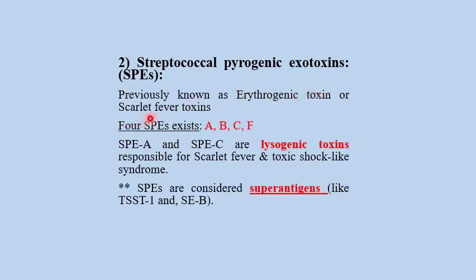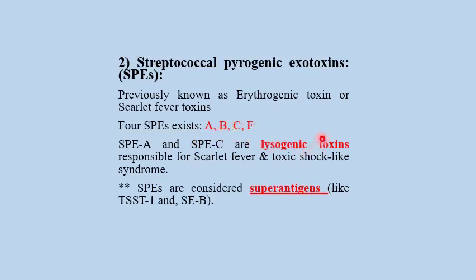There are 4 such toxins أو exotoxins named A, B, C, and F. A and C are lysogenic toxins. Can you remember the meaning of lysogenic? يعني produced by a certain phage.